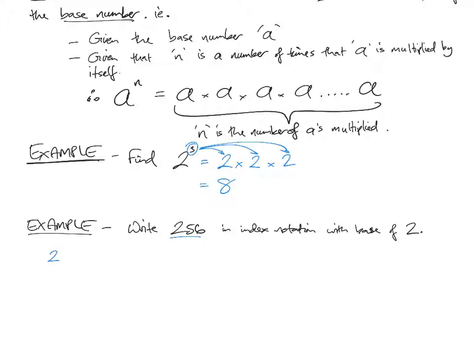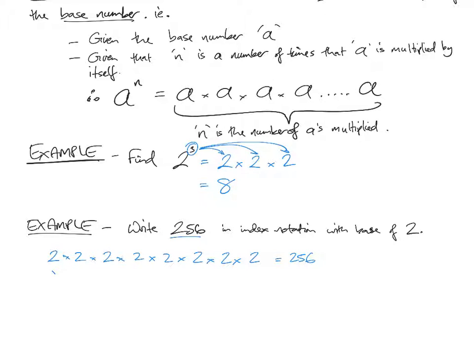2 by itself is just 2, times by 2 is 4, times by 2 is 8, times by 2, 16, times by 2, 32, times by 2, 64, times by 2, 128, times by 2 is going to be 256.